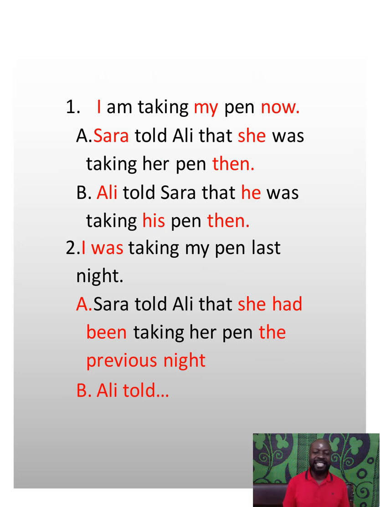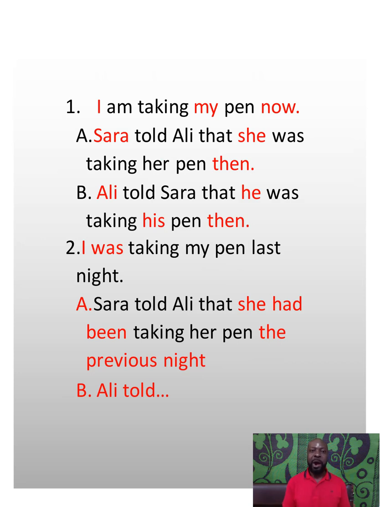Last night changes to the previous night. Yesterday, the previous day. Last night, the previous night, or the night before. Be careful with those changes when you are changing sentences to reported speech.